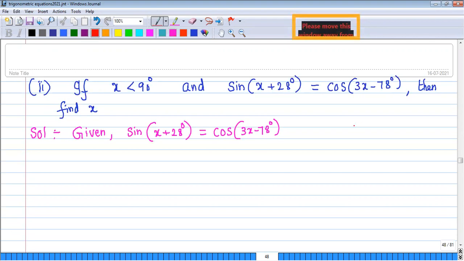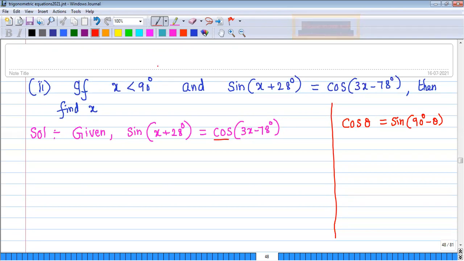Do you have any idea? We know that cos theta we can write as sine of 90 minus theta. Can I write like this? Yes, sir. Sine of 90 minus theta is equal to cos theta. So instead of this cos, we can write sine of 90 minus theta. Theta means 3x minus 78.